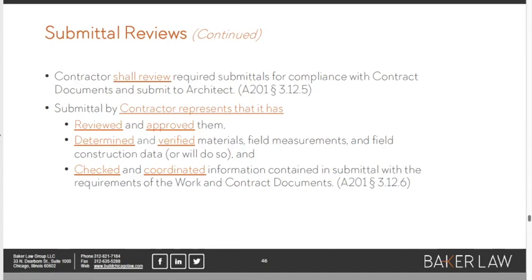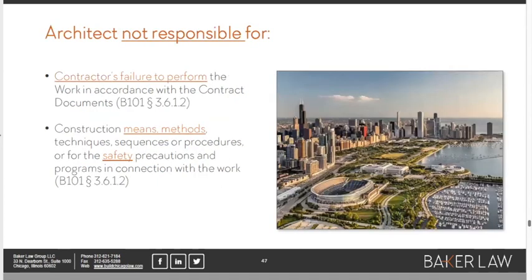Somebody at the GC has got to review and approve it. They've got to determine and verify materials, field measurements, and data, that either they have or they will do so if it's relevant to the submittal, and that they've checked and coordinated the information contained in the submittal with the requirements set out in the contract documents. So this is an example of where there's compromise, right?